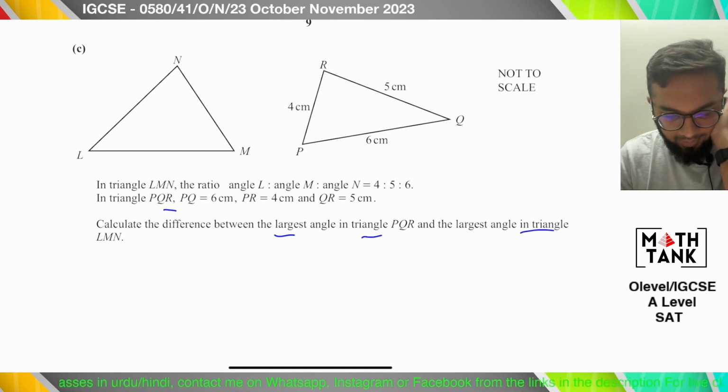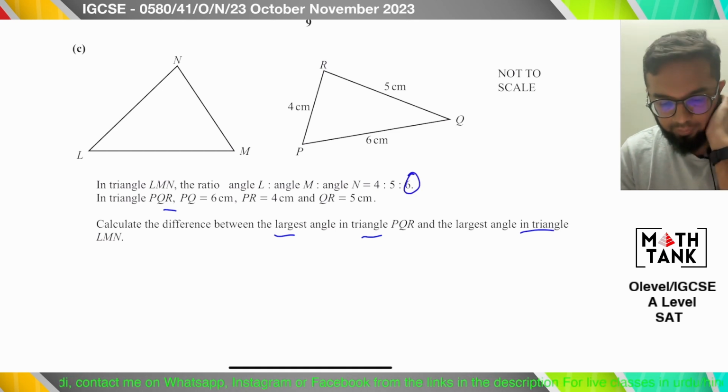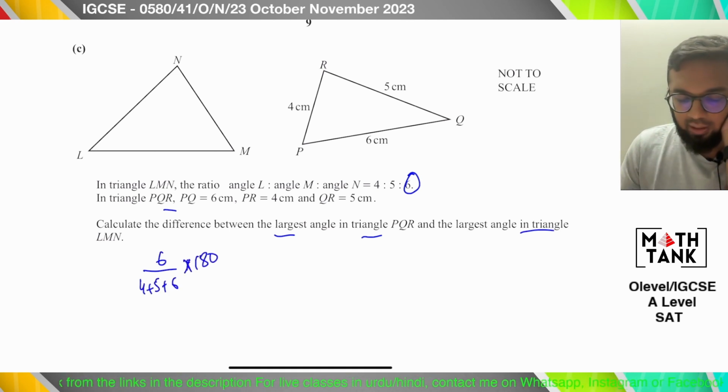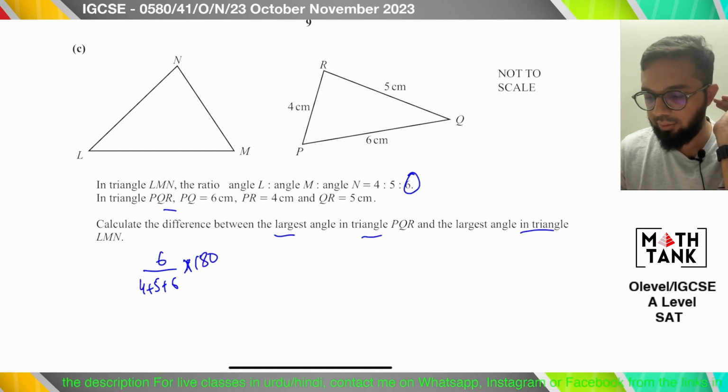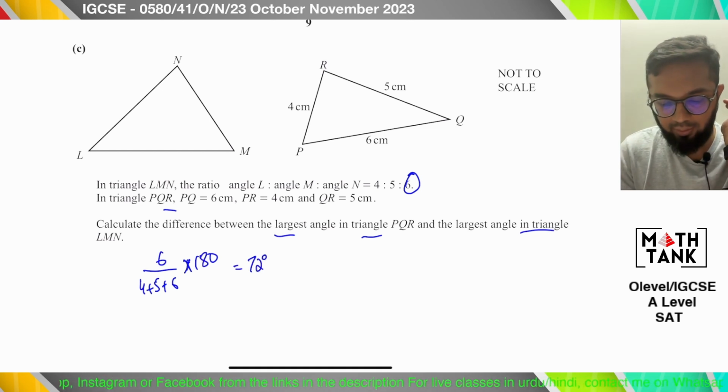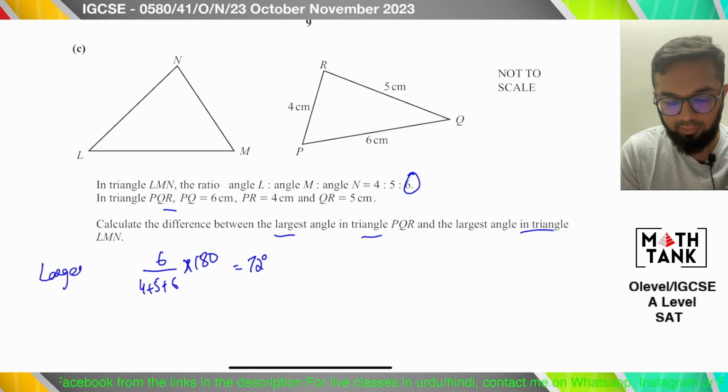So for triangle LMN, the largest angle will have the ratio of 6. I'm going to divide 180, because the sum of angles of a triangle is 180, in the ratio 4 is to 5 is to 6, and say that the largest angle should be 72 degrees.